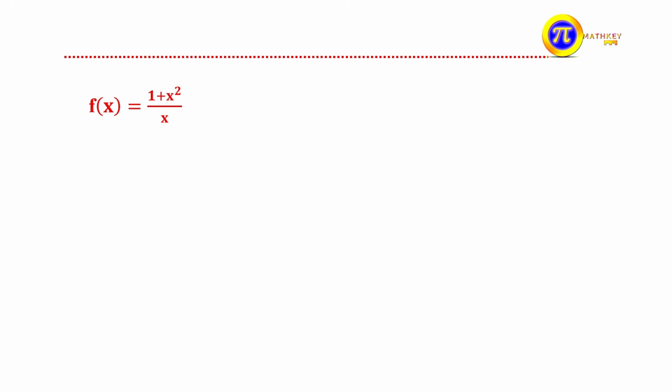Let us consider the next one. It says that f of x is equal to (1 plus x squared) over x. As we did before, first determine the domain of f. The domain is all real numbers except the zeros of the denominator, so except 0.